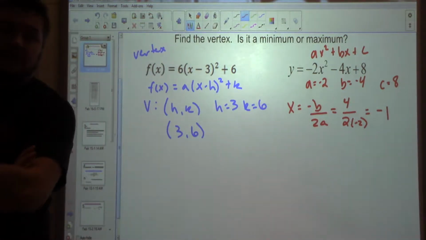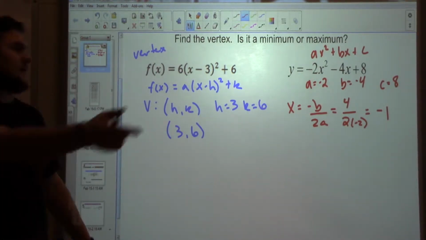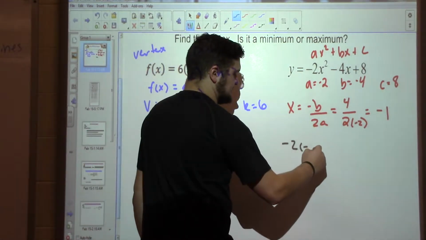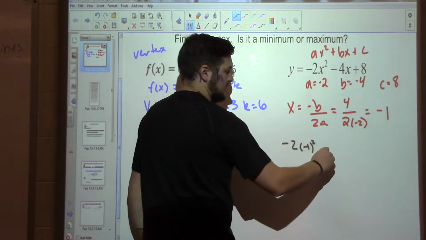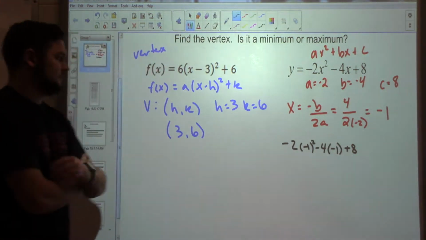So my x value, my vertex, is -1. How do I find my y value? Plug it back in. So, -2 times -1 squared minus 4 times -1 plus 8.